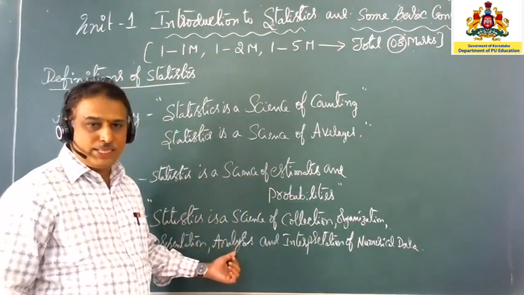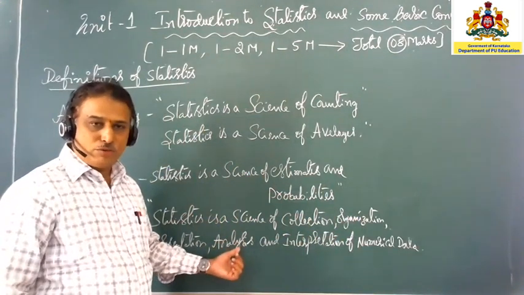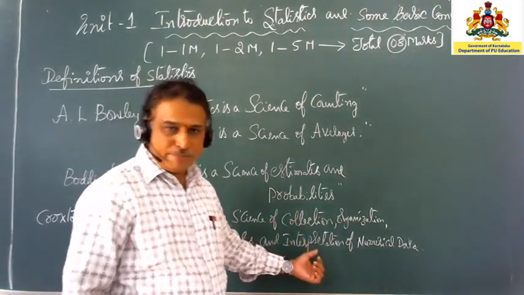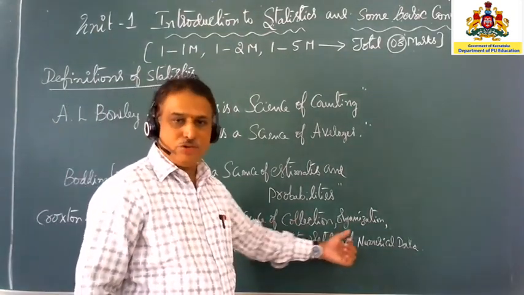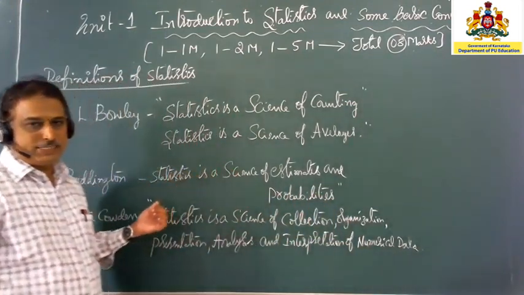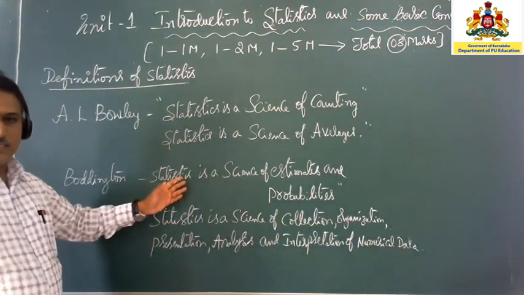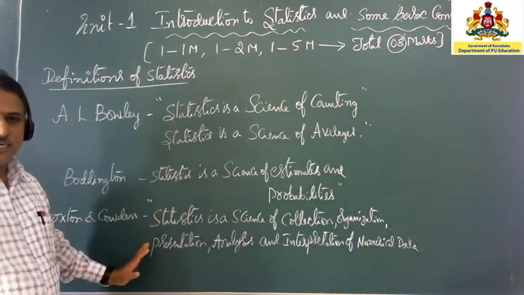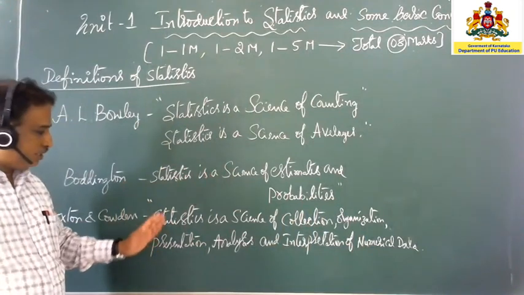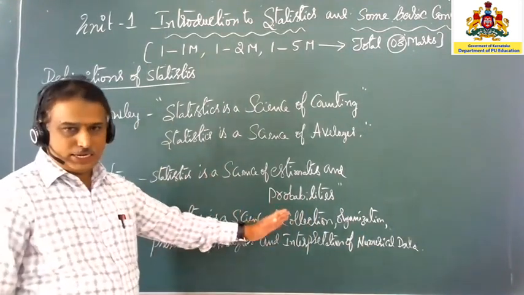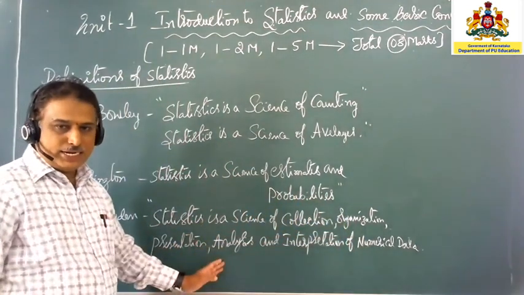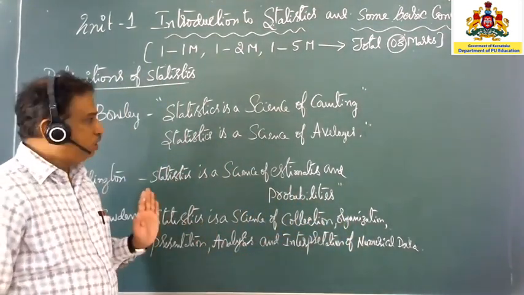Here you have to apply statistical formulas, tools, and techniques. Finally, you have to interpret the result of that numerical data. It is nothing but statistics. Compared to the first three definitions, somewhat it is a good definition.